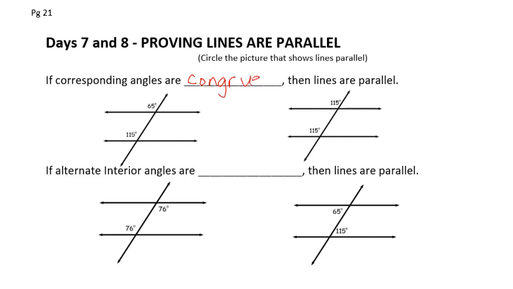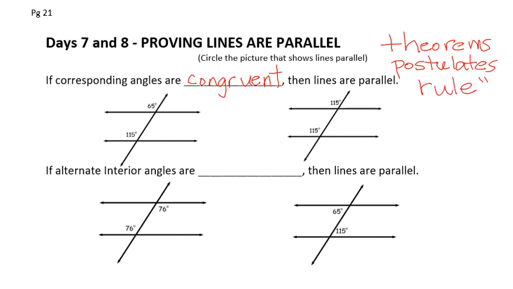This is a rule, also called a theorem or a postulate, and I'm going to write those words. Those are vocabulary words. Theorems and postulates are just extra vocabulary words for the word rule. And these are a series of them that help us to prove that lines are parallel.